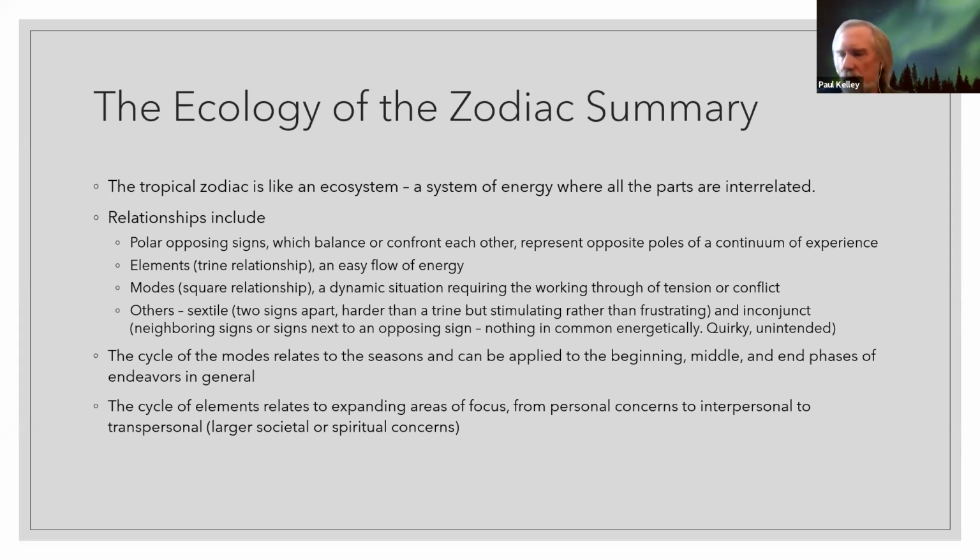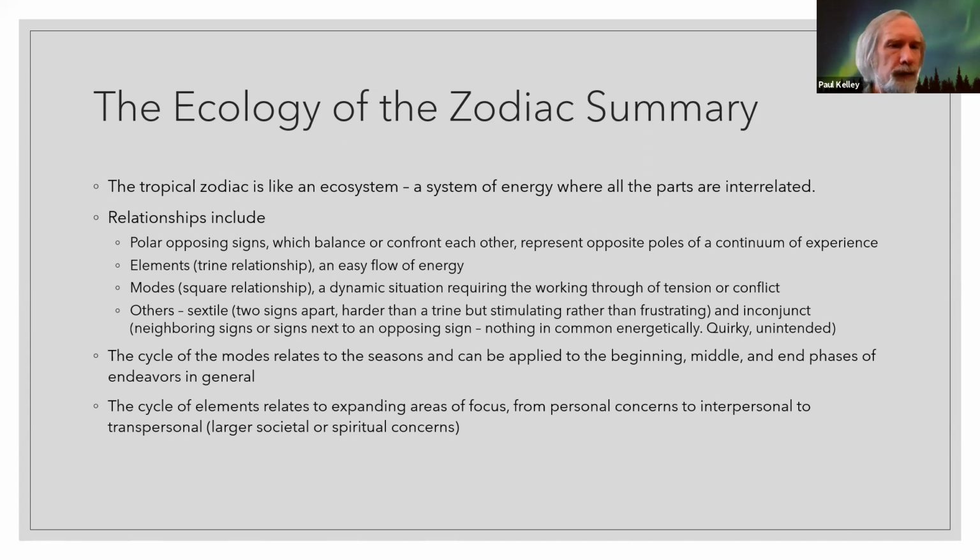So let's summarize what we have gone through so far. The tropical zodiac is like an ecosystem, a system of energy where all the parts are interrelated. There are relationships between each of the signs, and they all interact. You throw a monkey wrench into one part of the zodiac wheel, and it affects all the energy of all the other signs.